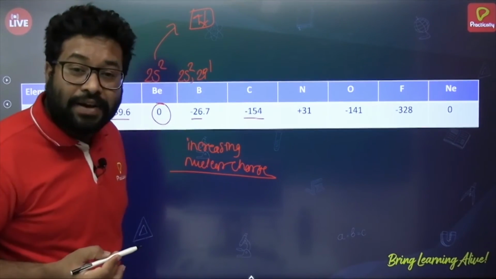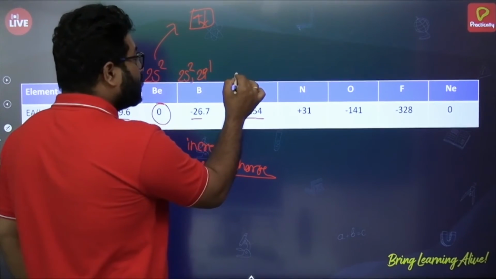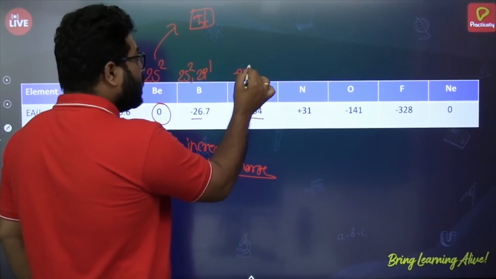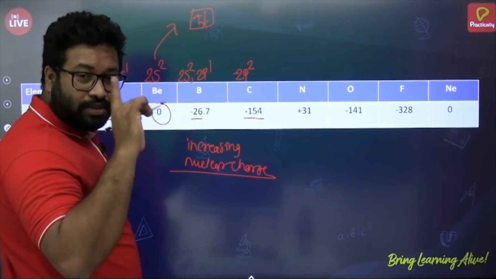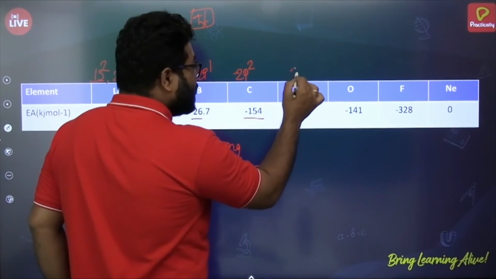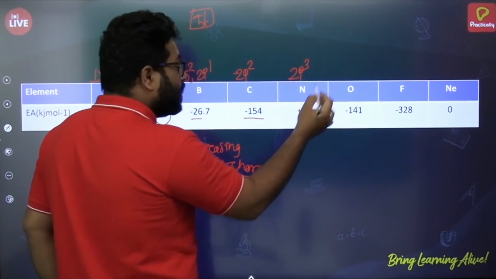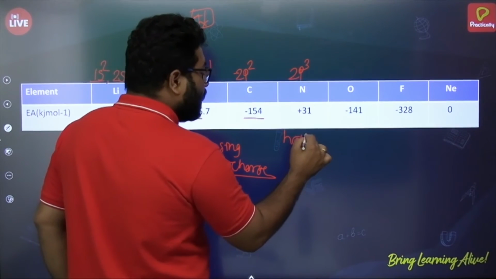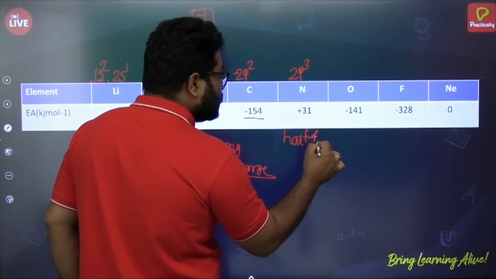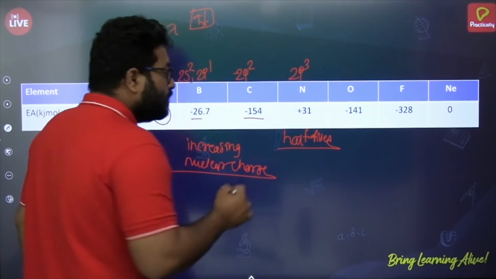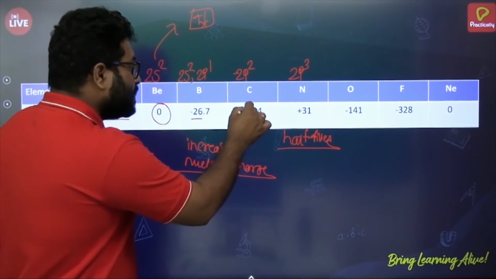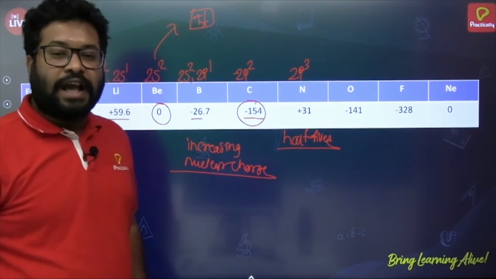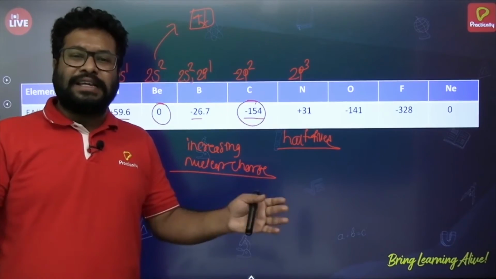Why further negative? Because carbon's electronic configuration is 2p2. Carbon knows that it will become 2p3 upon addition of an electron, which is half filled. That is why carbon's electron gain enthalpy is very high. I'm not saying highest, but very high.